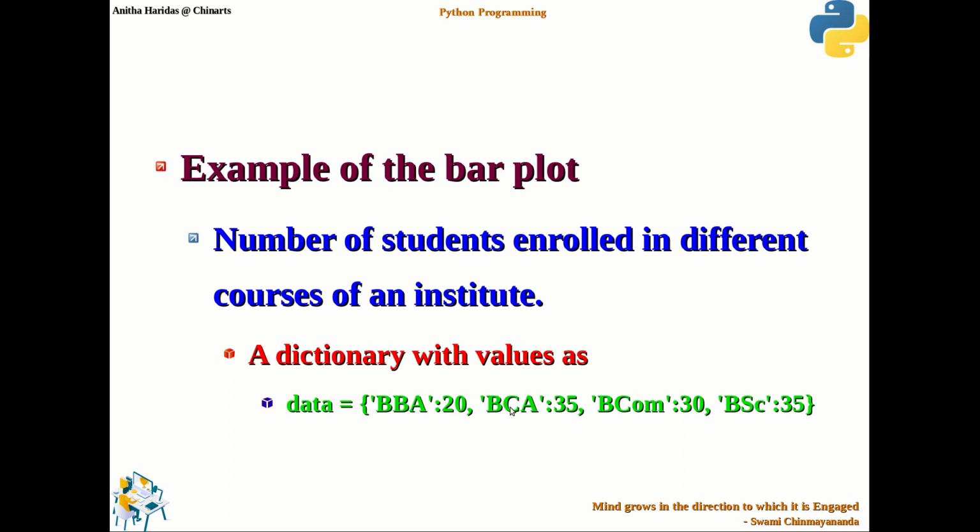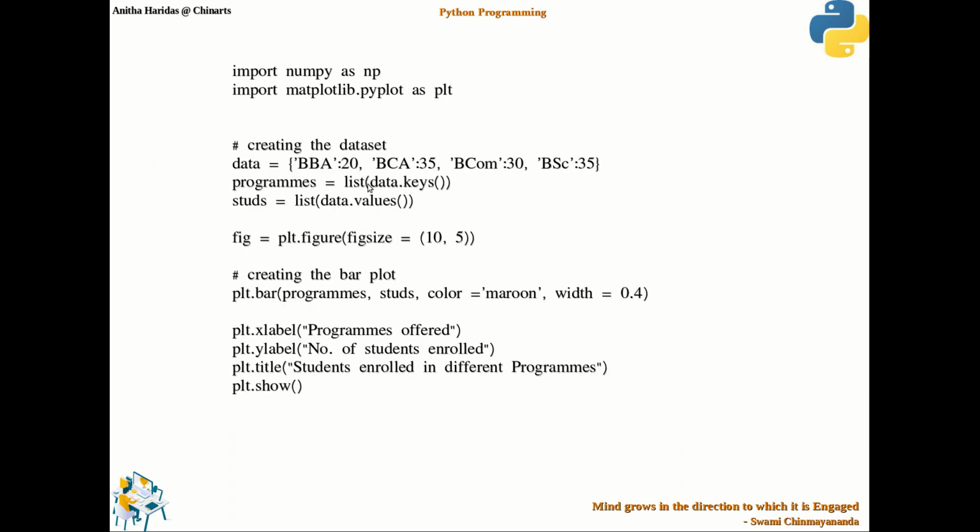So BBA, BCA, BCom, BSc are the programs, and we have the number of students enrolled, or you call it the value, as key value pairs, right? In a dictionary we will have key value pairs, and this is the key and this is the value. So for this key we have 20, and this is 35, 30 and 35. So this is how the number of students enrolled in different courses of an institute. Okay, now for which I am going to write the code like this.